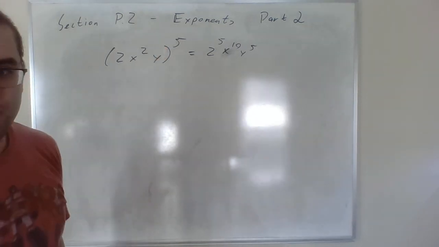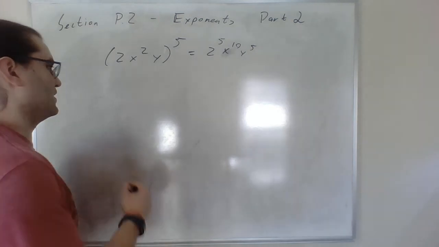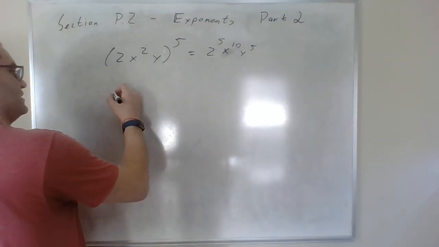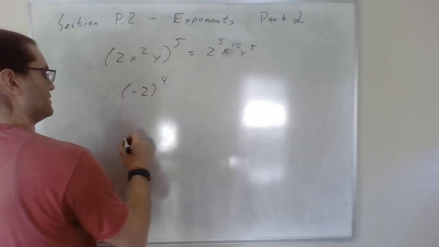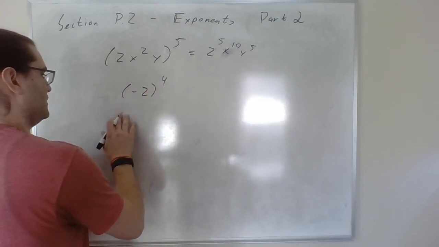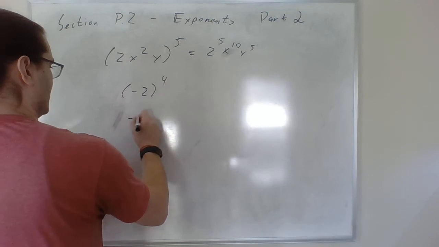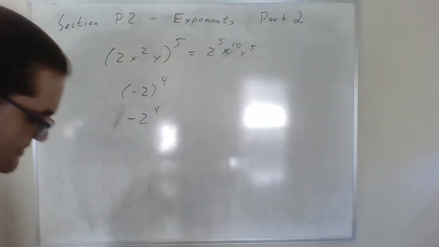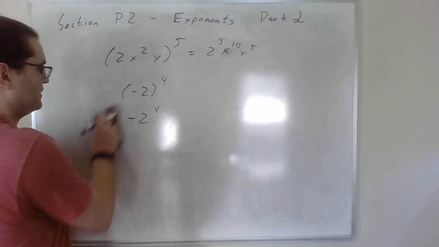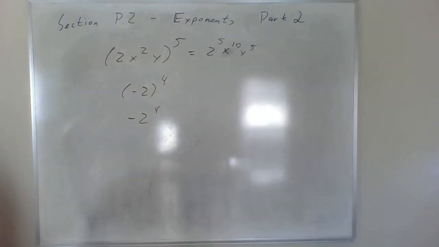The other really big, and this is honestly the really frustrating thing that they're going to do to trick you, is sometimes they're going to ask for stuff like (-2) to the 4th, and sometimes they're going to ask you for stuff that just says -2 to the 4th. And these look like they ought to be the same thing, but they are not the same thing.